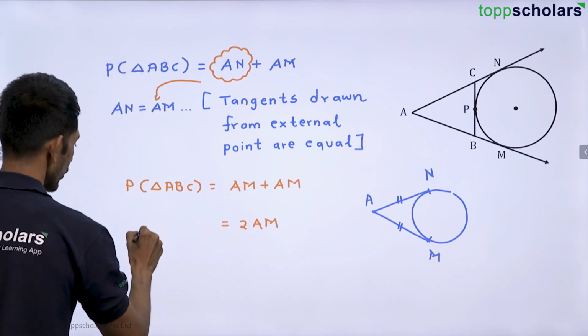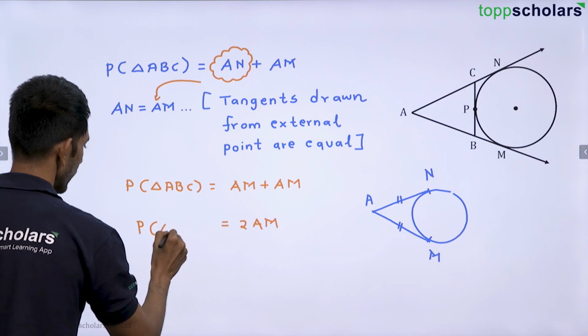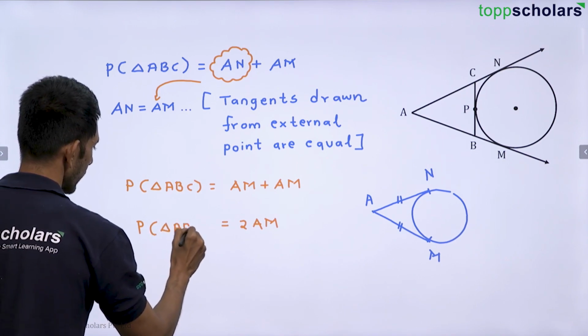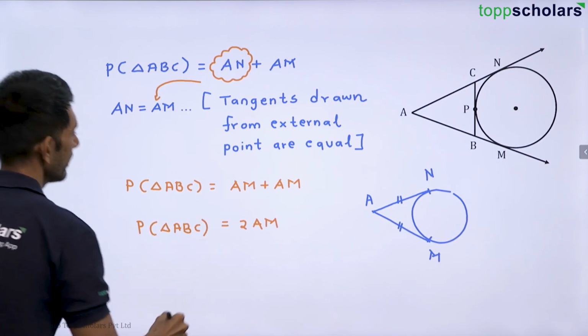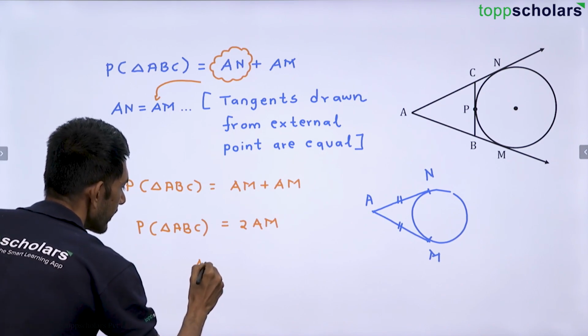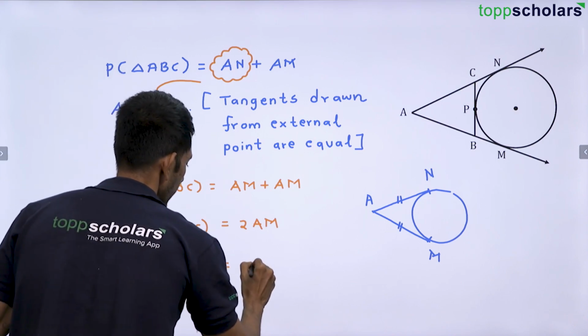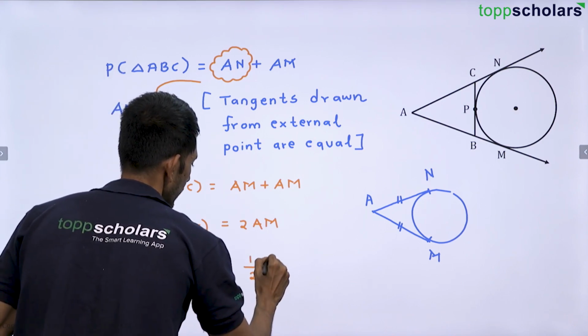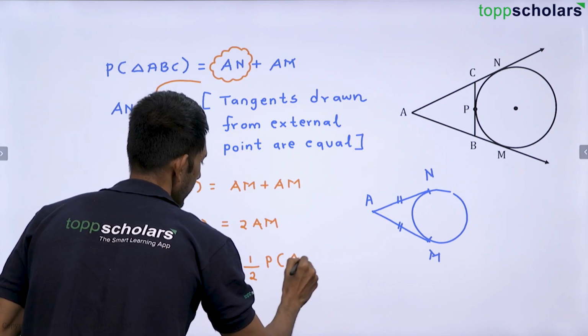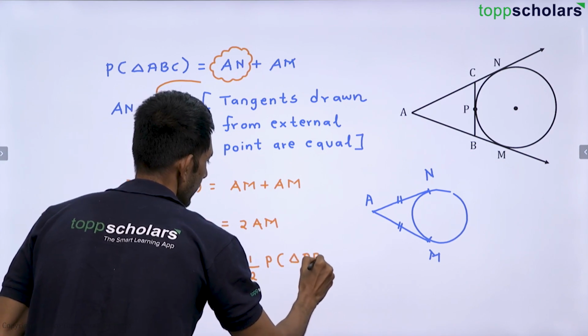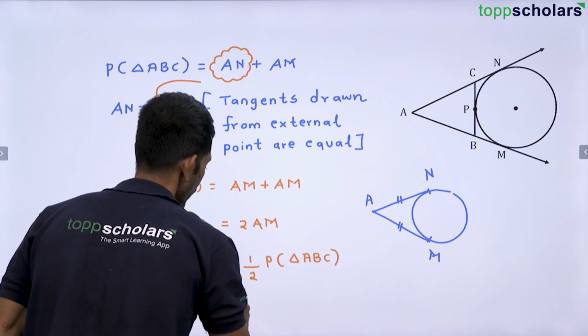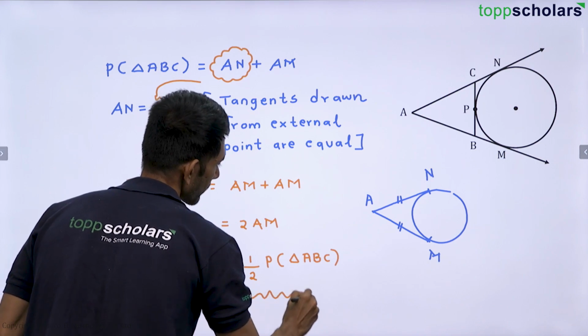So 2AM is equal to the perimeter of triangle ABC. So can I say AM is equal to half of the perimeter of triangle ABC, and this is exactly what we wanted to prove, isn't it?